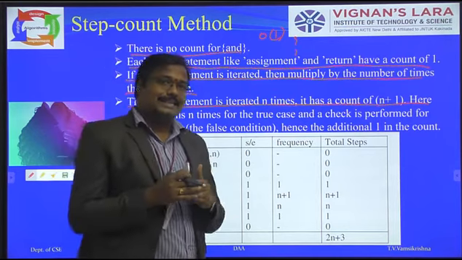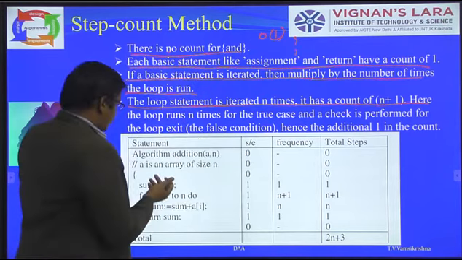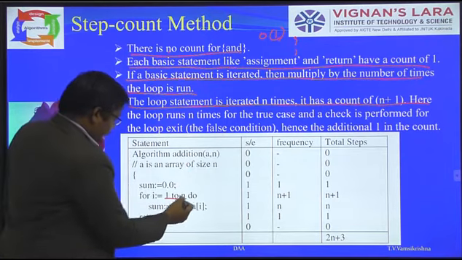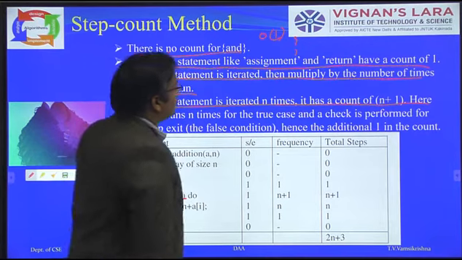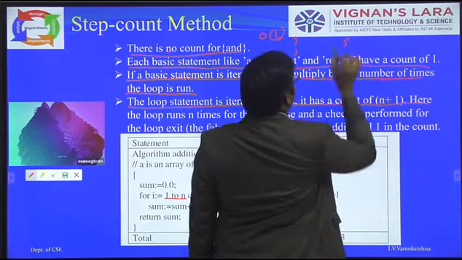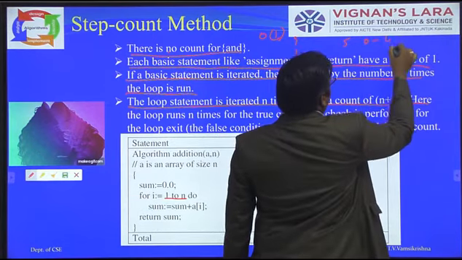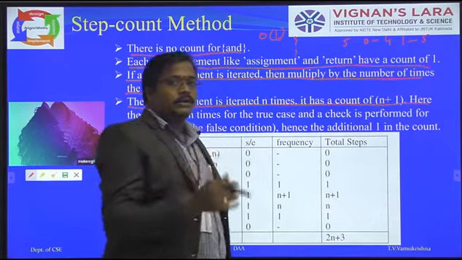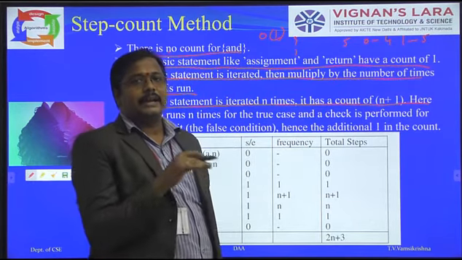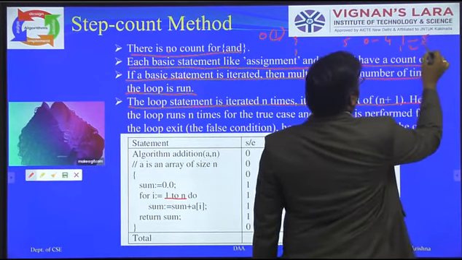Why do we call it n plus 1? Say, for suppose, this is the case 1 to n. For an array of size 5, we can talk about 0 to 4 as the index, or 1 to 5 as the index. According to my algorithm, the index is 1 to 5: 1, 2, 3, 4, 5.